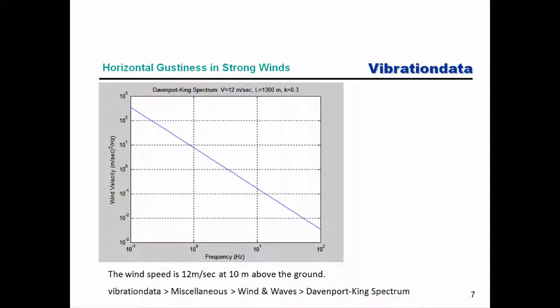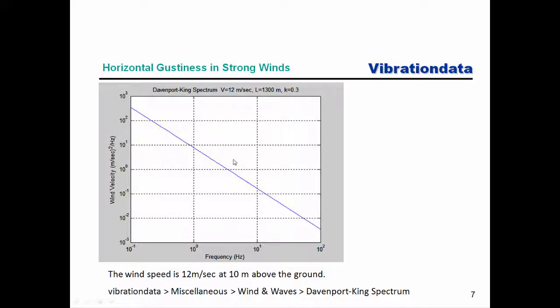Now, I do not actually have any anemometer data that we can work with, but kind of like the Pearson-Moskowitz spectrum, there was another pair of researchers who came along, Davenport and King, and they analyzed anemometer data for wind gustiness, so horizontal gustiness in strong winds, and they came up with an empirical formula for wind.